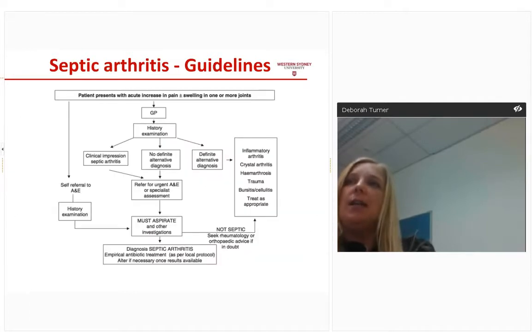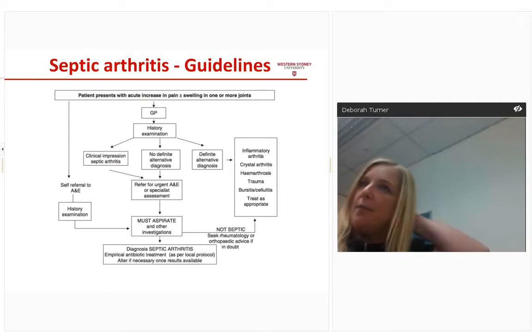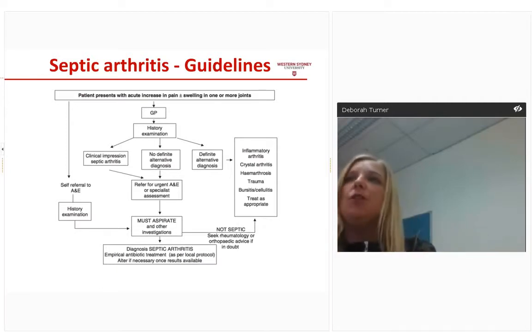The guidelines suggest we treat these as septic until proven otherwise, and it's only when we have a definitive alternative diagnosis, such as an inflammatory arthritis or crystal arthropathy, that we should look to make arrangements for aspiration and other investigations to determine whether there is indeed a septic arthritis.